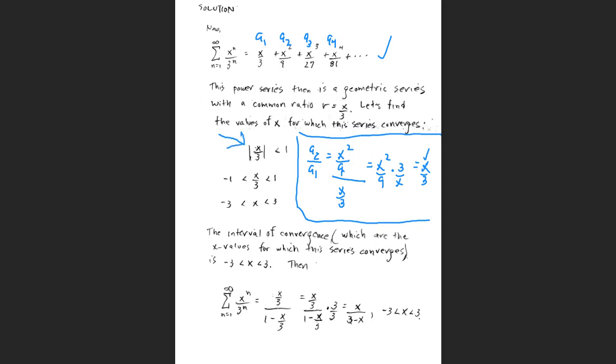So you see, with this power series, we have to establish for what values of the variable the series converges. So I want the absolute value of my common ratio, the absolute value of x over 3, to be less than 1. But this means that x over 3 is less than 1 and greater than negative 1.